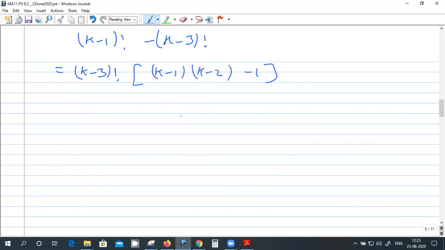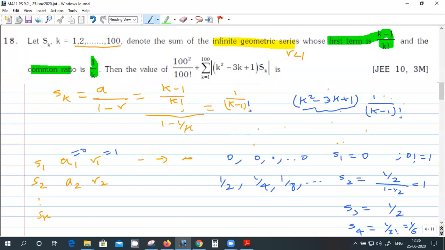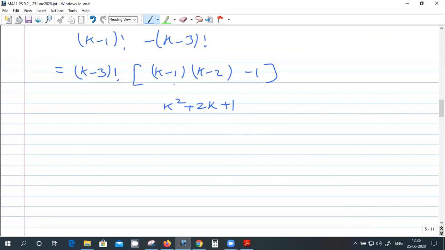Is this correct? This is k square minus 3k plus 2, minus 1 plus 1. Is this correct? So k square minus 3k, yeah.